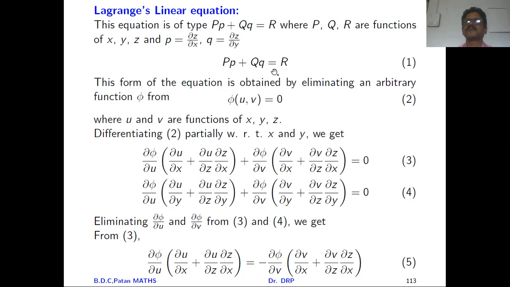Its meaning is that the solution of this Lagrange's linear equation is phi of (u, v) = 0.